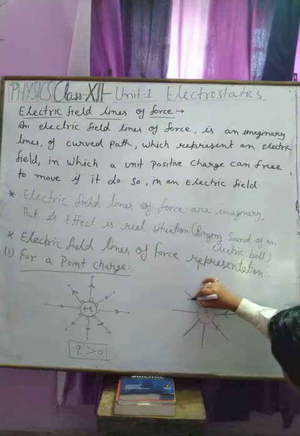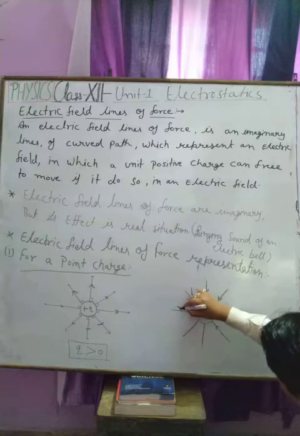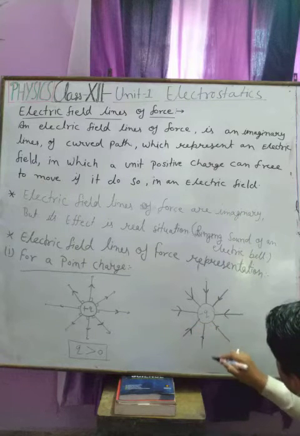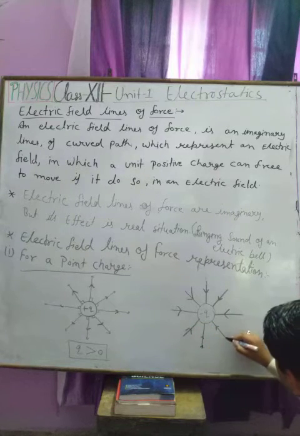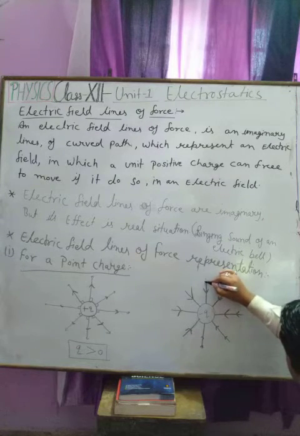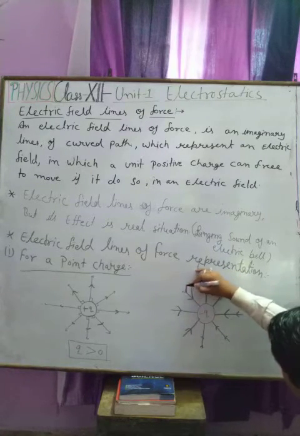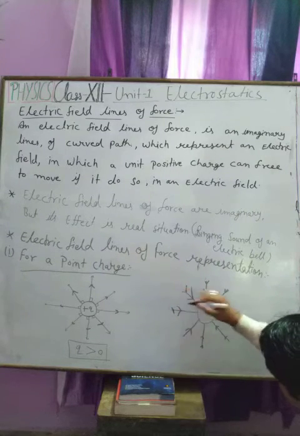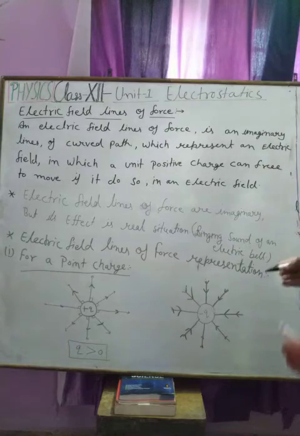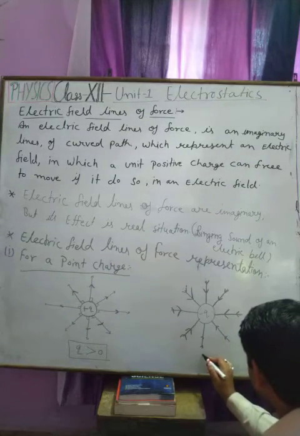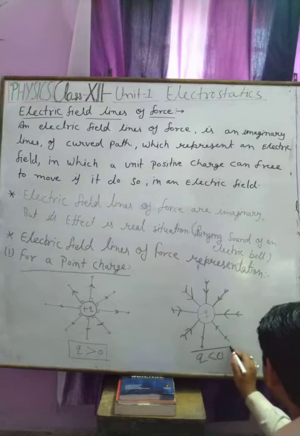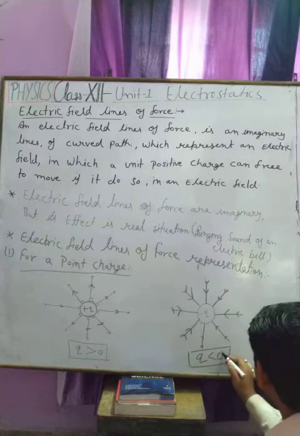That is, we say the electric field lines terminate on the negative charge body, when the charge is smaller than 0, or negative.